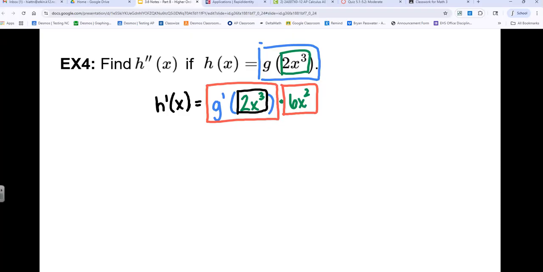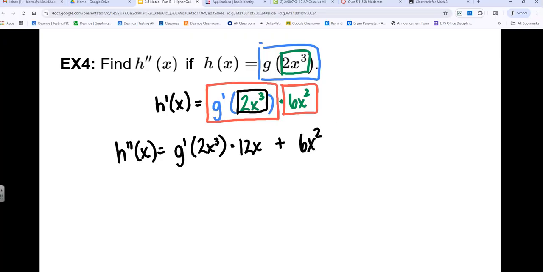So the second derivative here is going to be the first part, which is g prime of 2x to the third. Leave it alone. Multiply that by the derivative of 6x squared, which will be 12x, plus 6x squared.